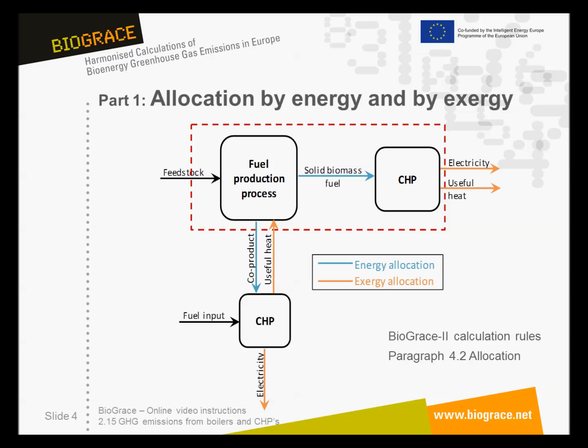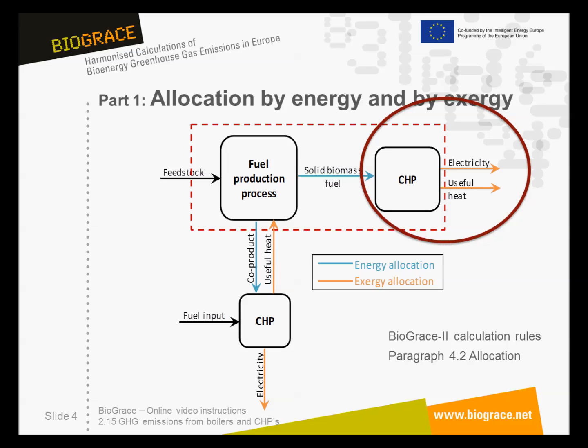In the BioGrace 2 production pathways, there is always a boiler or CHP for the final conversion of the energy carrier into heat and/or electricity. And there can be a boiler or CHP to provide heat and/or electricity to a process producing the energy carrier, such as a pellet mill. The exergy allocation for the final conversion step here is rather straightforward.